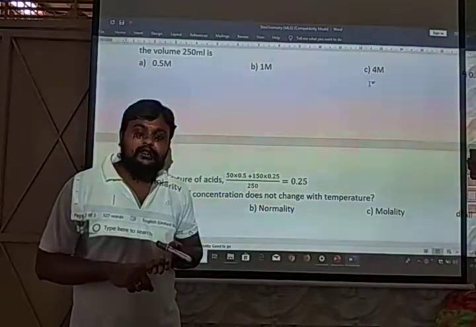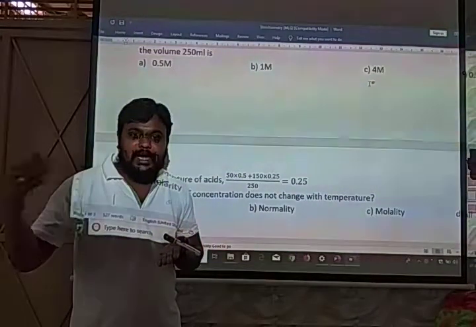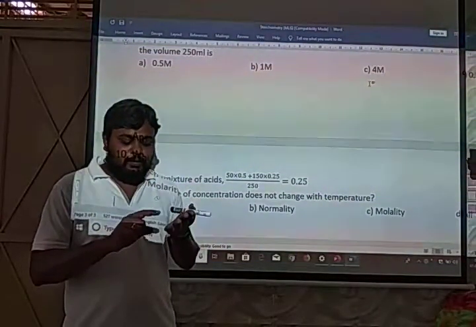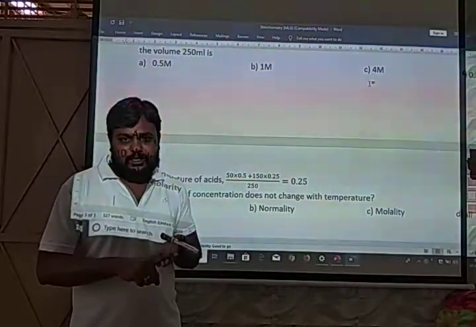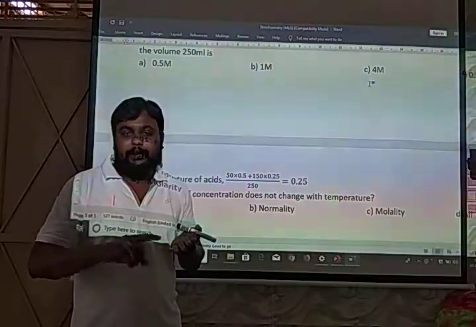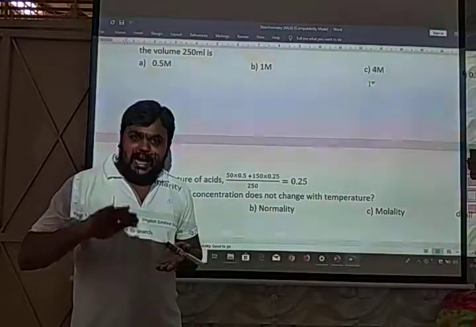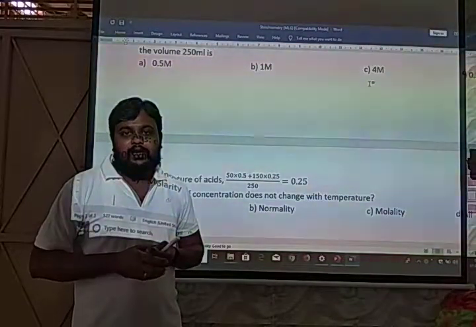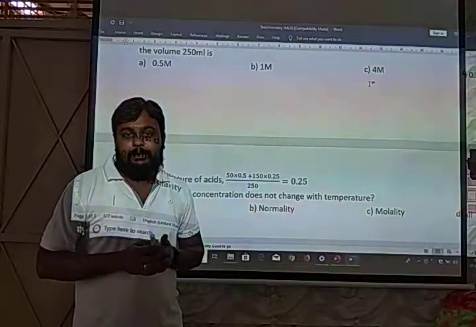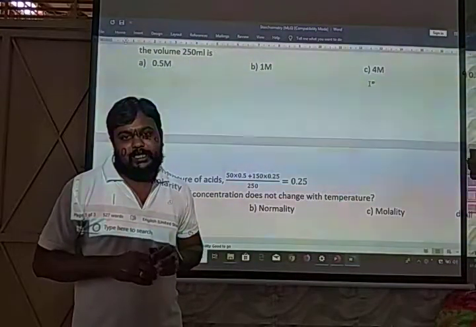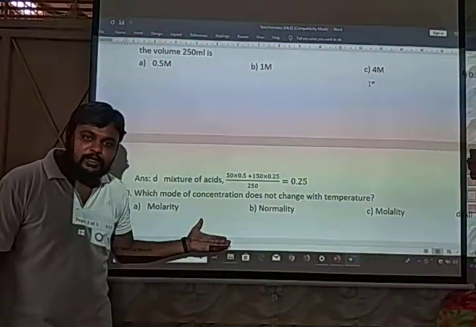Molality also does not contain a volume factor, hence it is also temperature independent. So these four, mass percentage, parts per million, molality, and mole fraction, are examples of temperature independent concentration techniques, while molarity, normality, and volume percentage are examples of temperature dependent concentration techniques.